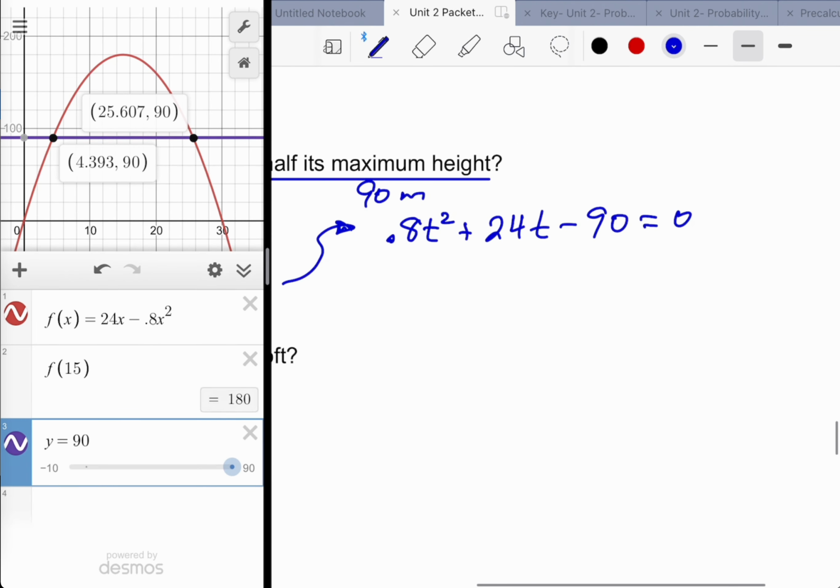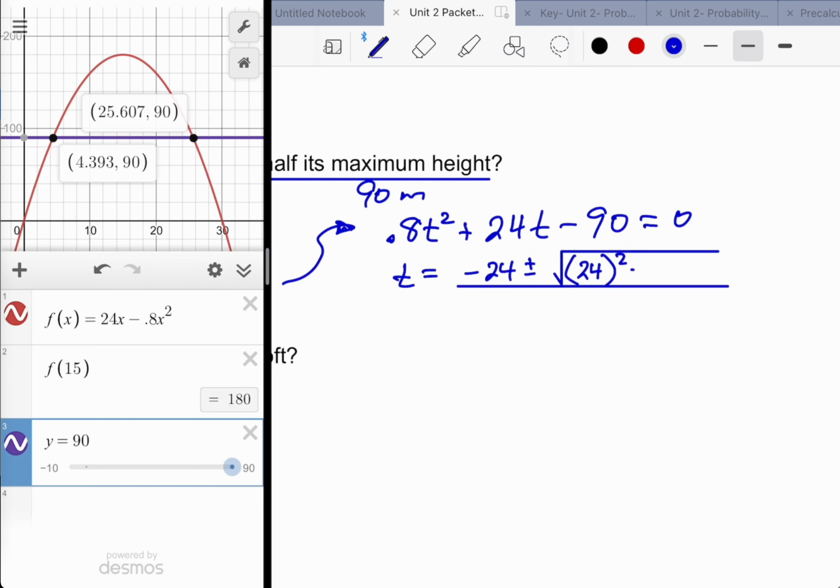So t equals negative b plus or minus the square root of b squared minus 4 times a times c. I never make my radical long enough.